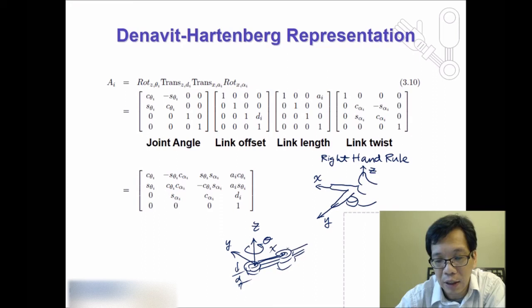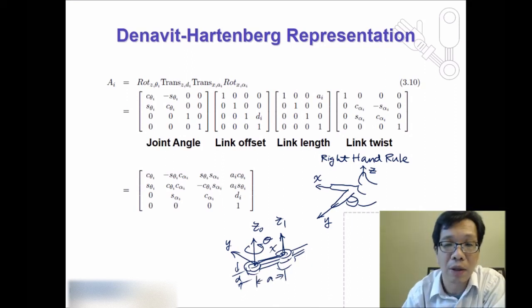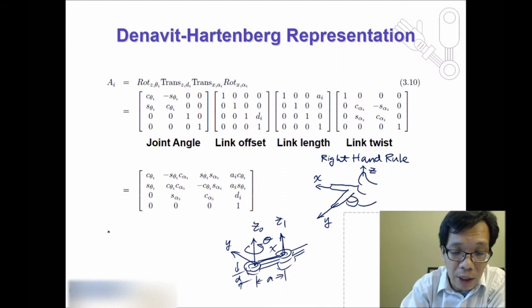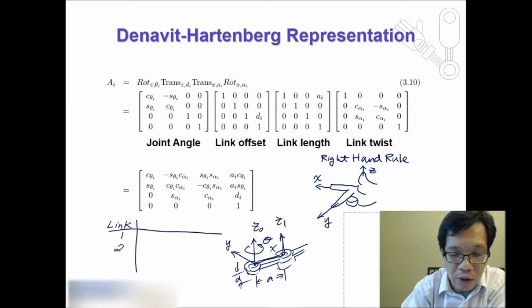And after that, the relationship between those two z-axes, that's going to be my alpha, and the distance over here, that is going to be my a. Since we have multiple joints and multiple links, it might be a good idea that I define everything. Link 1, 2, 3, 4, and so on.